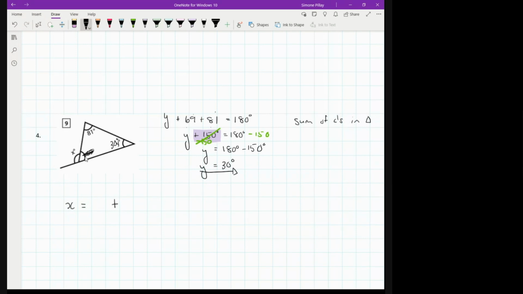So not this angle, because this angle is next to it, not opposite. What are my opposite angles? It's 81 degrees plus 30 degrees. So we have 81 plus 30. 80 plus 30 is 110, and plus 1 is 111.